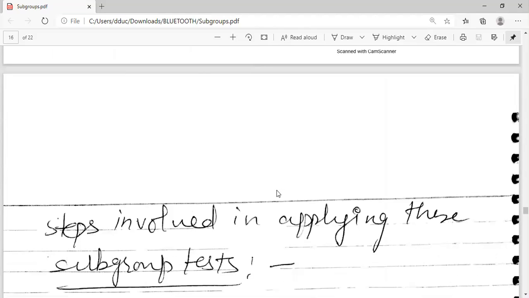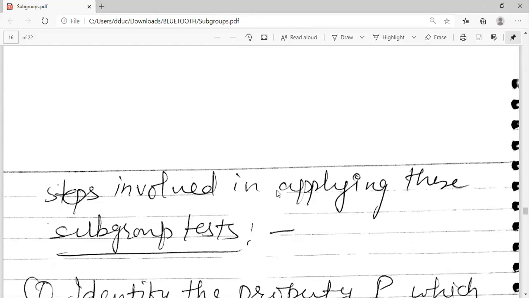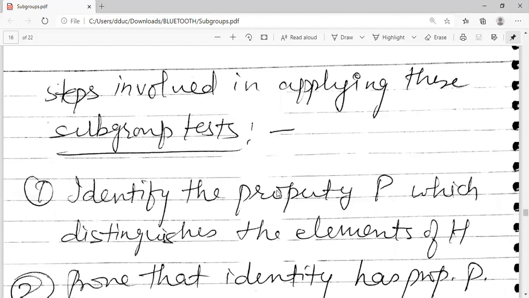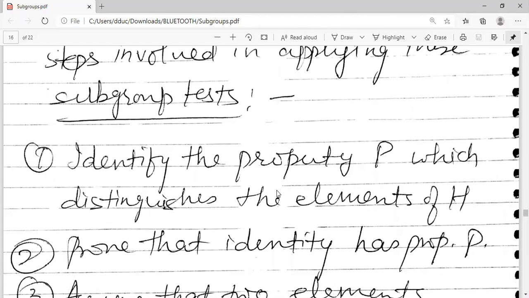Now, if you want to apply subgroup tests, it doesn't mean that if it is a one-step subgroup test, then you have to check only that one step. It is called the one-step subgroup test, but a few steps are hidden in there that you have to think about, and obviously you have to apply those steps also. So let us see.